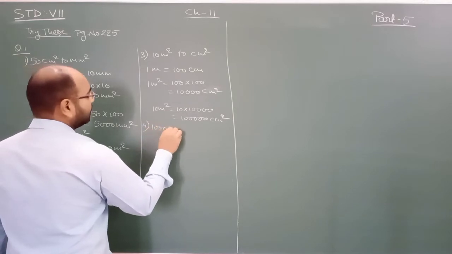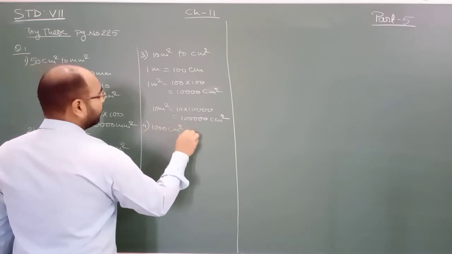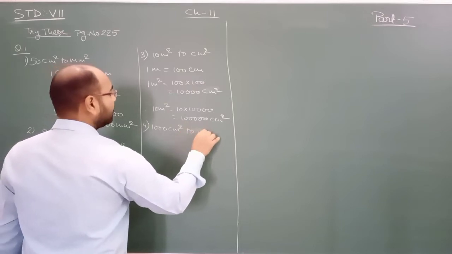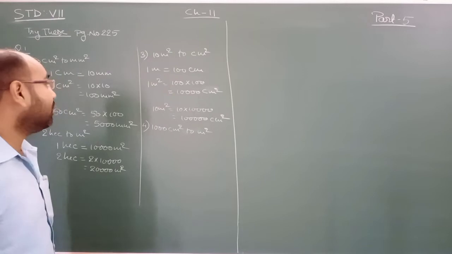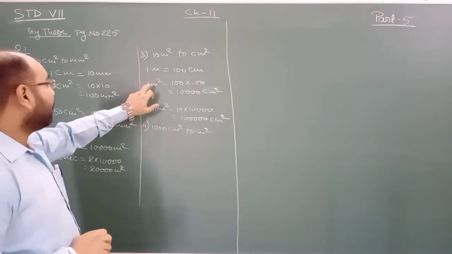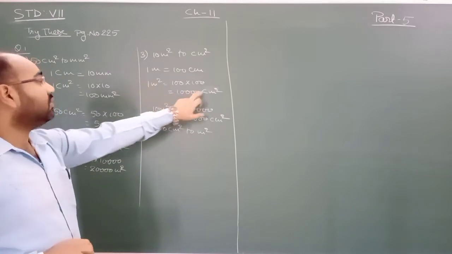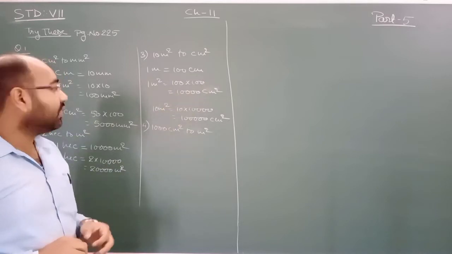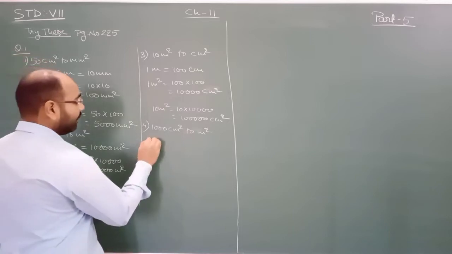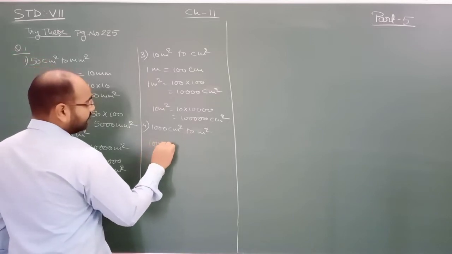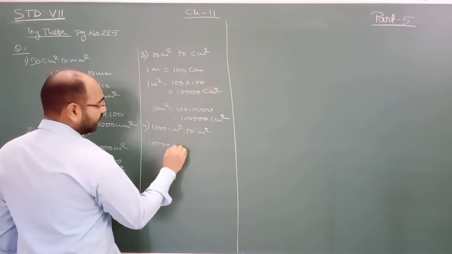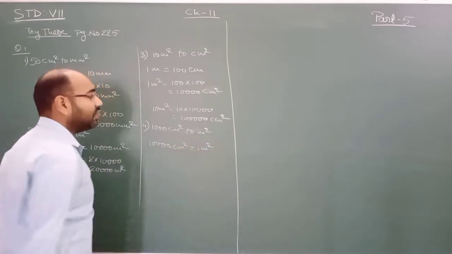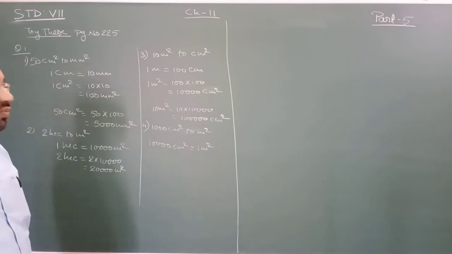Now 1000 centimeter square is equal to how many meter square we have to find out. Now here we know that 1 meter square is equal to 10,000 centimeter square. So now how can we write it? That 10,000 centimeter square is equal to 1 meter square.